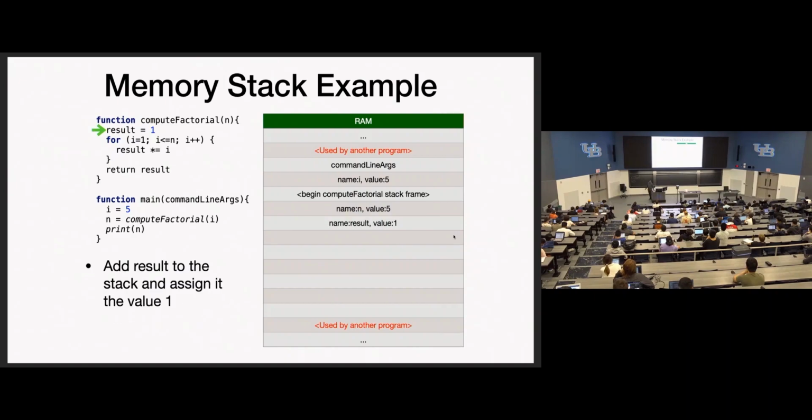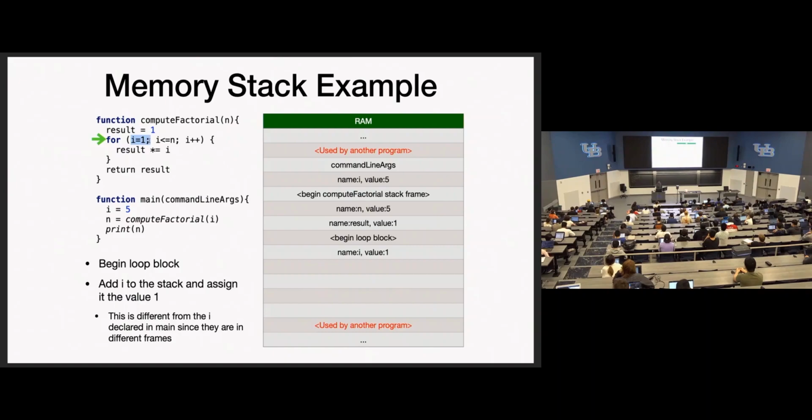We're going to declare another variable, result, and assign it the value 1 to initialize our multiplication for our factorial, and put that in the next spot on the stack. So we have two variables inside the stack frame, n and result, with values 5 and 1. Now, no matter what we do inside here, and we're going to see this with i, actually, I'll just advance to the i.